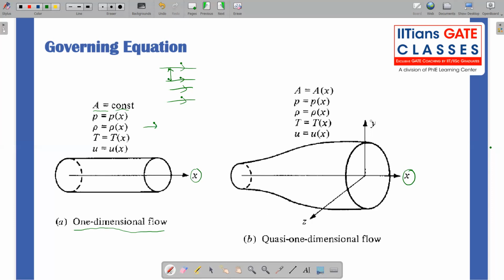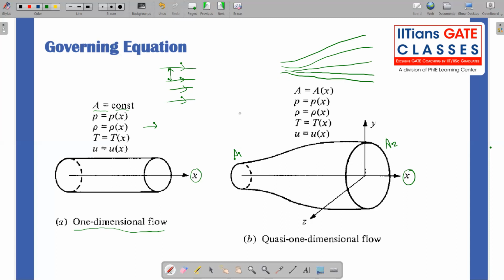Here also we have drawn an x, y, z Cartesian coordinate system in which, along the x direction, as you can clearly see, the area is changing. Say from A1 over here to A2 over here, the area is clearly changed. A2 is greater than A1. And flow is going through like this, say like a set of streamlines, they are actually diverging or converging kind of thing. So they are changing their direction.